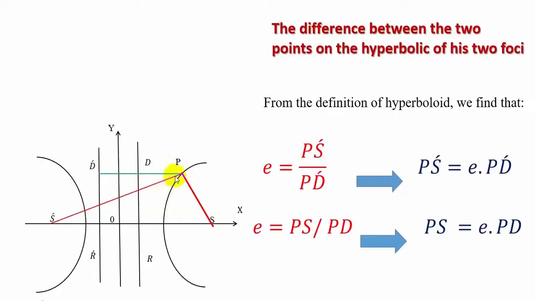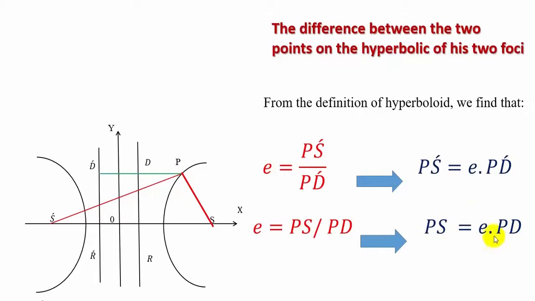If we look at BS and BD, we get e, the ratio for focus 1. So we can get that BS equals e BD. Similarly, exactly, if we look at the other side, we see BS dash and BD dash, and we will get that value.